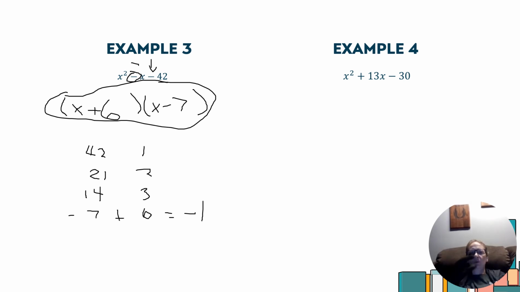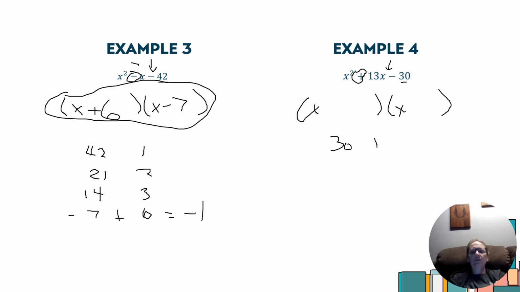All right, I have one more to go. Again, the constant term is negative, so I have opposite factors. This time, the middle term is positive. So that means the bigger factor is going to be positive. So I'm looking for factors of 30 that subtract to 13.